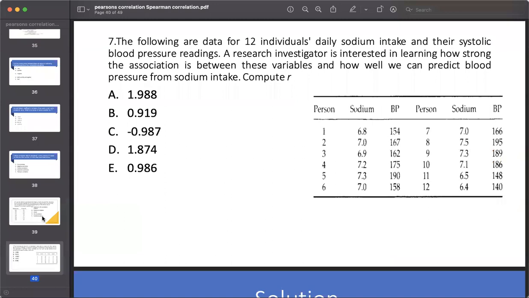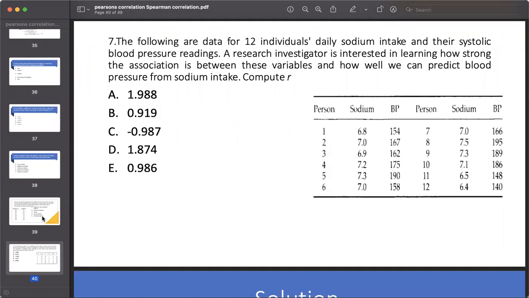Question number seven. The following are data for 12 individuals' daily sodium intake and their systolic blood pressure reading as shown in the table. A researcher is interested in learning how strong the association is between these variables and how well we can predict the blood pressure from the sodium intake.